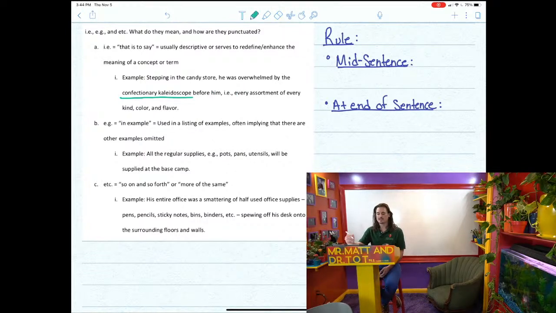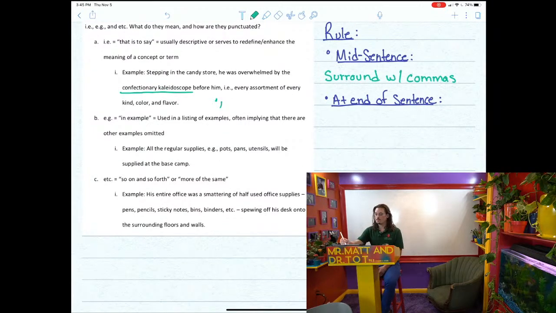A period and then a comma can occur in grammar. What may not occur is 2 periods, or 2 commas really, but especially 2 periods next to each other. And we're going to get into that at a later rule too. So when i.e. occurs mid-sentence, you need to surround it with commas. When they end the sentence, you omit one of the commas, one of the periods.